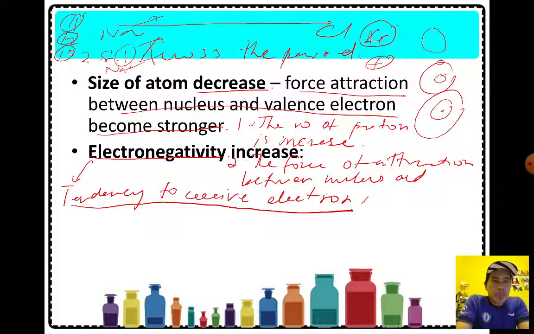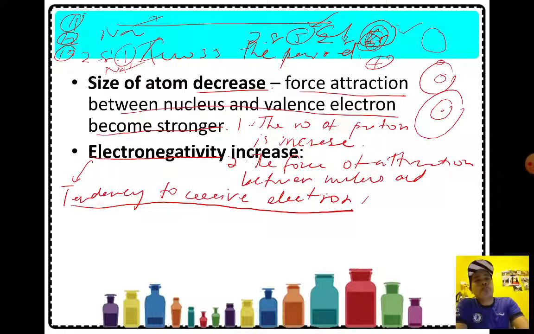But for the non-metal elements, tendency dia untuk menerima elektron. Sebabnya dia punya belakang tu 2.8.5, 2.8.6. So belakang dia ni dia akan terima elektron. So dia tendensi untuk menerima elektron.